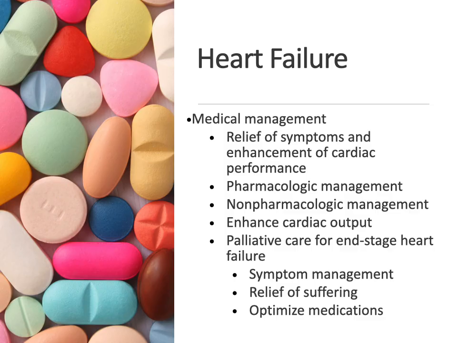Just remember to be cautious with patients with asthma when you give a beta blocker. We don't like to use calcium channel blockers with heart failure patients because of the decreased contractility that can occur with calcium channel blockers. They already have low cardiac output, so we don't want that to be reduced any more.